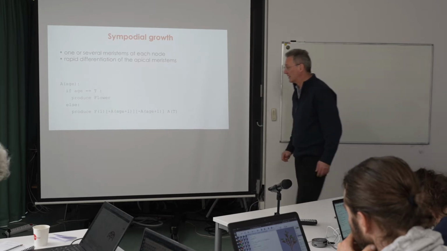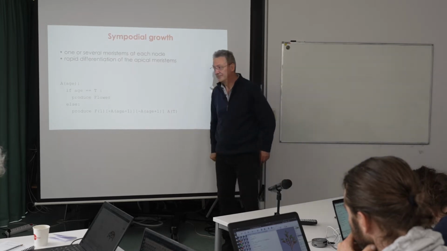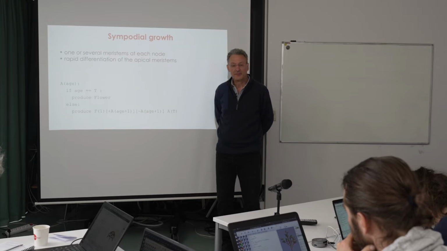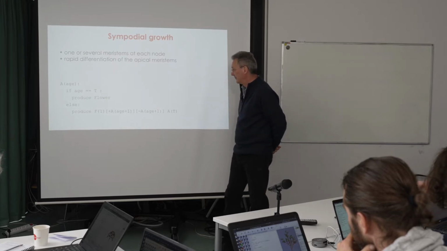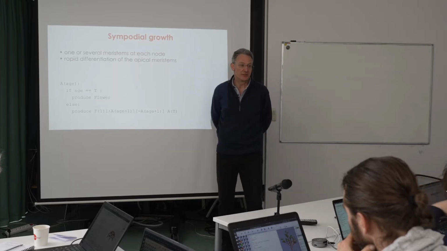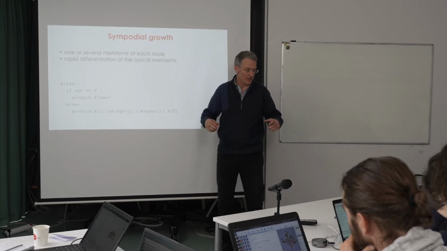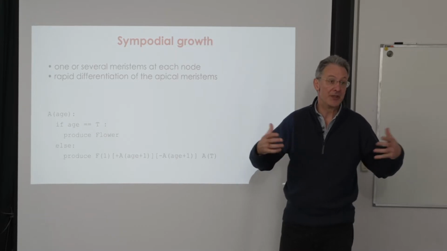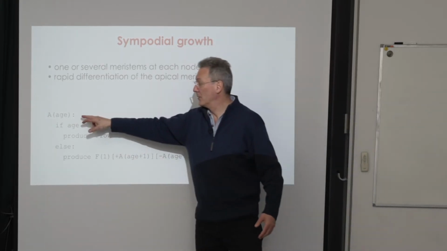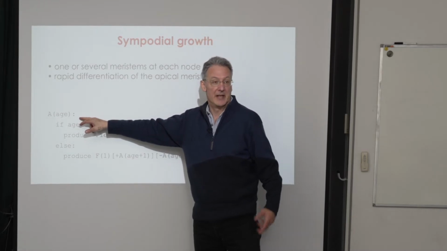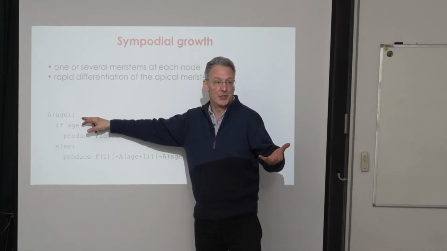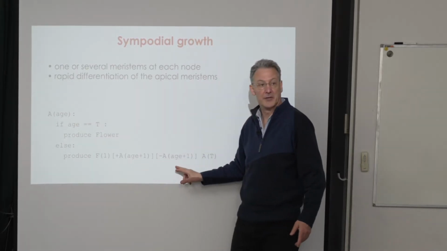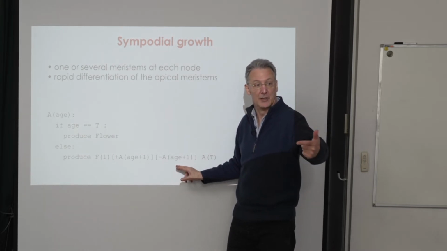Because your new meristems, they start from age plus 1. Yeah, so they will differentiate a bit. So everything goes faster. Yes, they will count the time, because the apical meristem is at a certain age, and produces lateral meristem at the next age.